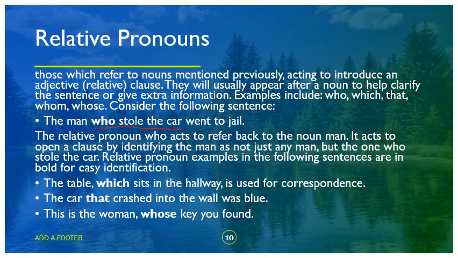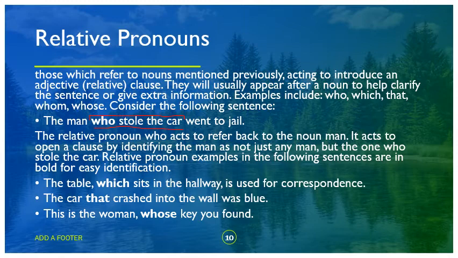And because it is introducing this part of the sentence, this whole part is known as the relative clause. Now here this word is the relative pronoun. The relative pronoun who acts to refer back to the noun man. It acts to open a clause by identifying the man as not just any man but the one who stole the car. Relative pronoun examples in the following sentences are in bold for easy identification.